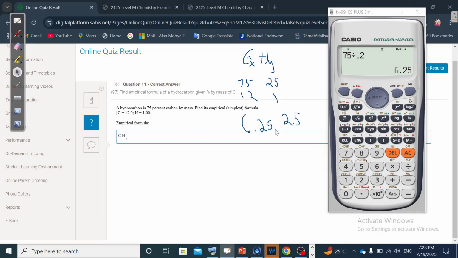So I divide 25 by 6.25 and 6.25 by itself. So 25 divided by its answer, you get 4. So it's going to be a 1 to 4 ratio, X to Y. So it's going to be C1H4, which is basically CH4.